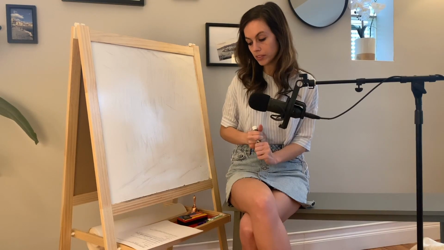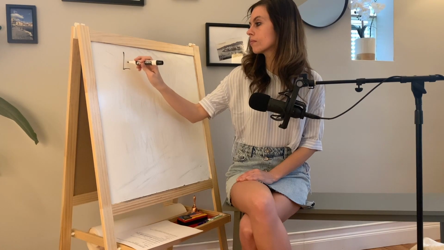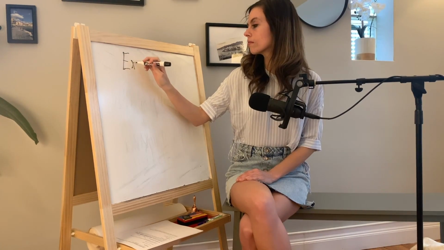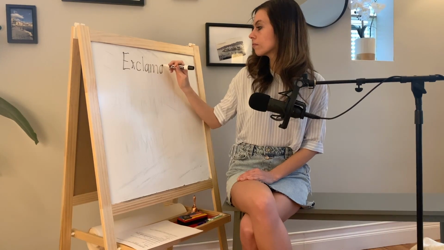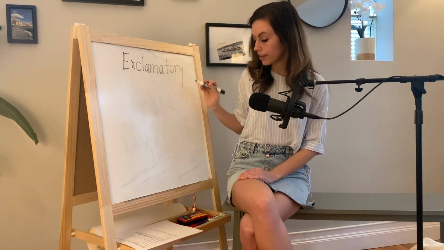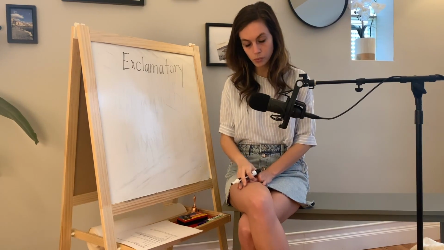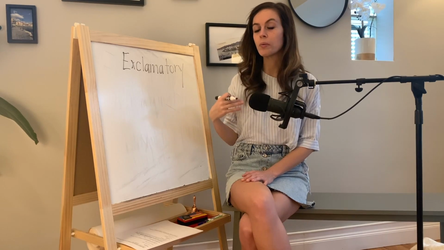So the next type of sentence that we're going to talk about is exclamatory sentences. And exclamatory sentences, what they do is they show excitement or emotion.